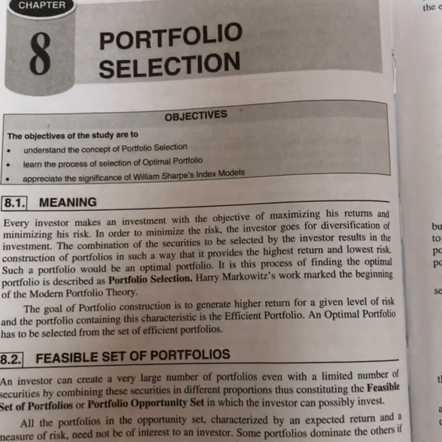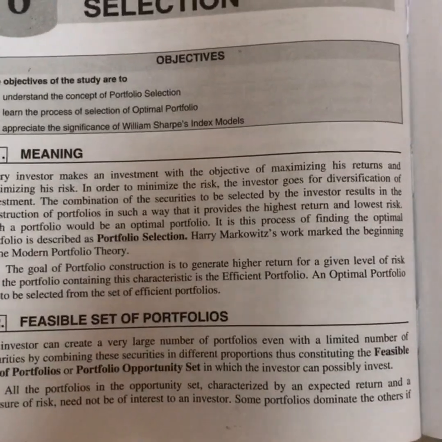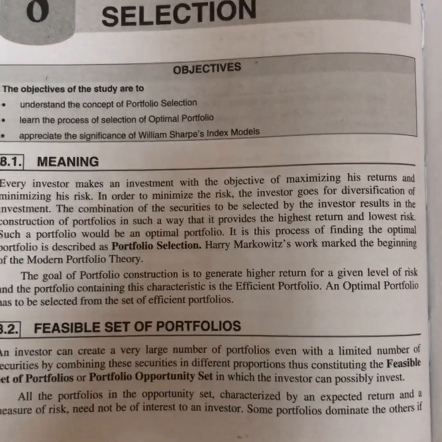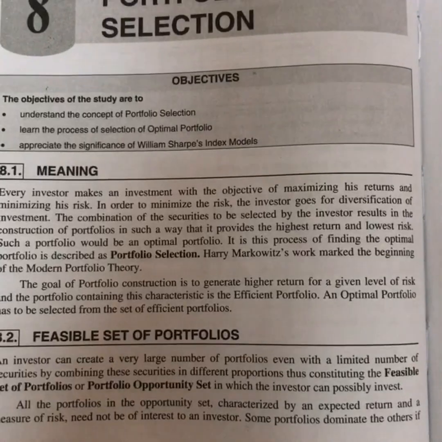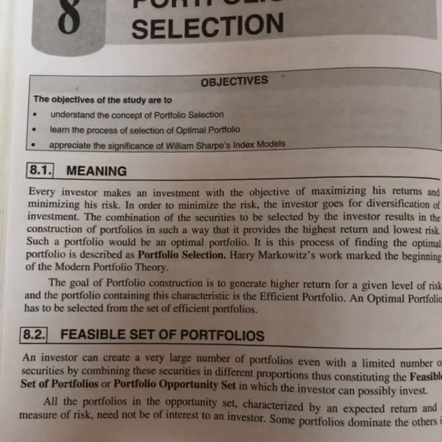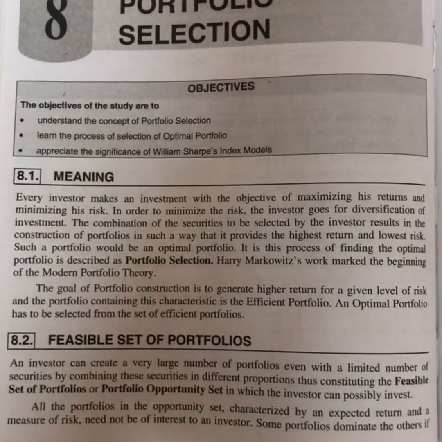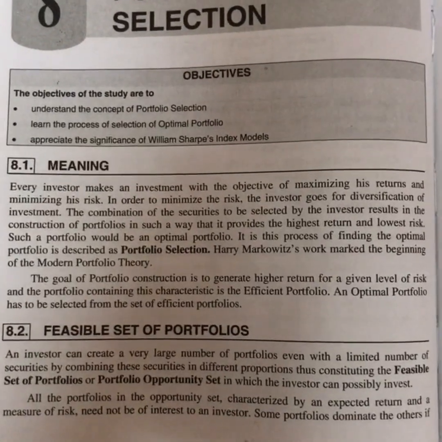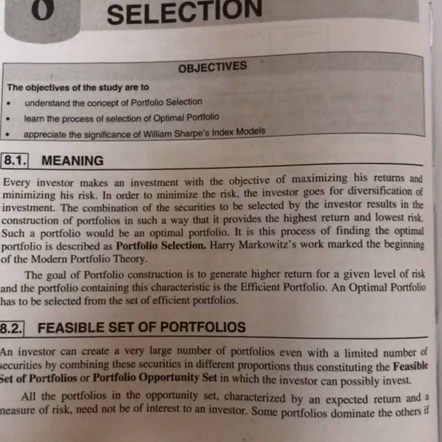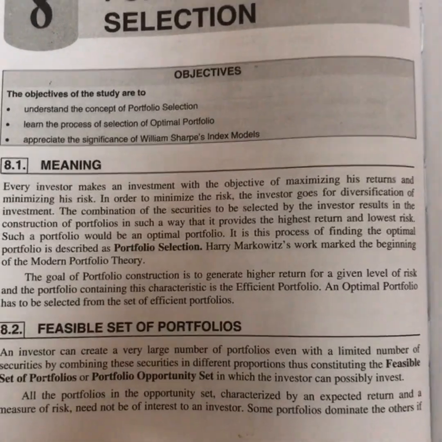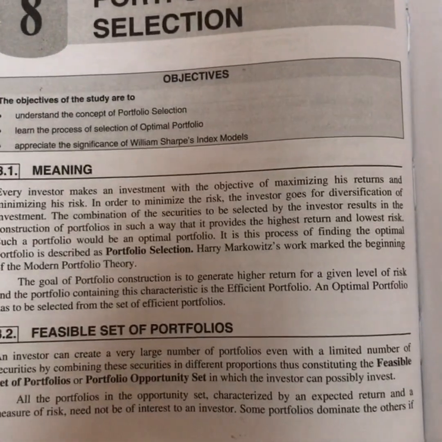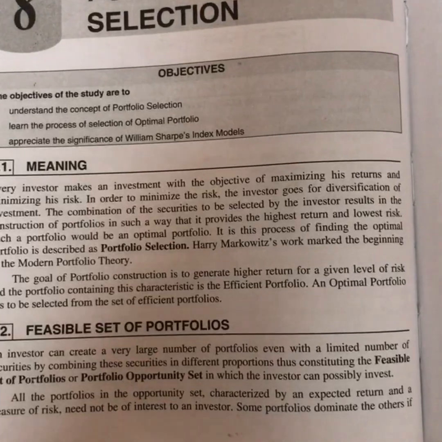So the first in your synopsis is the meaning of portfolio selection, girls. If you remember portfolio management, we have 5 steps, right? First one is security analysis, second one is portfolio analysis, third one is portfolio selection, fourth one is revision, and the last one is evaluation. In security analysis, we calculate risk and return for each and every security.